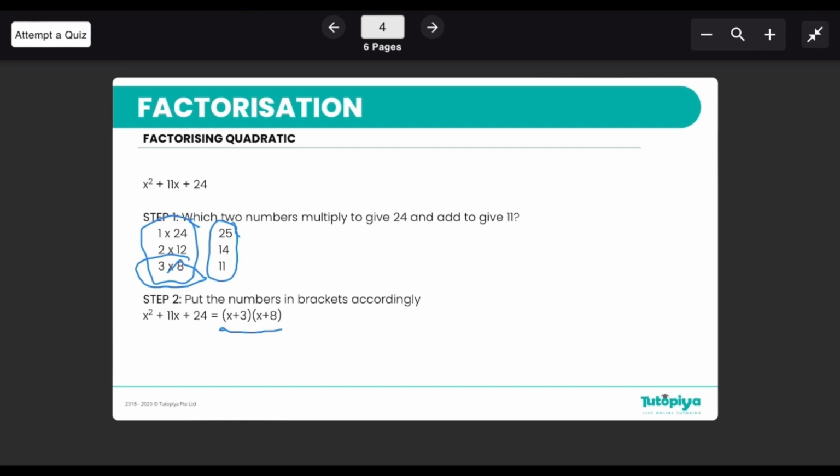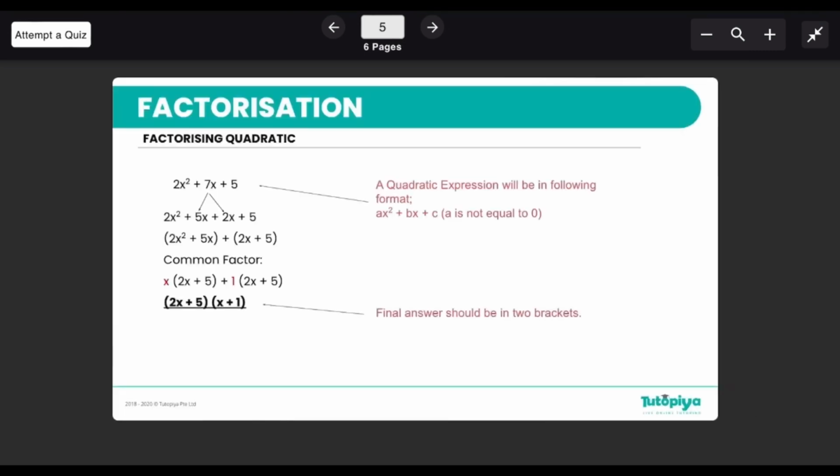So we take it into the next step where we have x, and then you put in the factor that you have. So x plus 3 there. And similarly, this 8 comes in here as x plus 8. So the final factorization of x squared plus 11x plus 24 is equal to x plus 3 times x plus 8. Be very careful of how you have to include the double brackets.